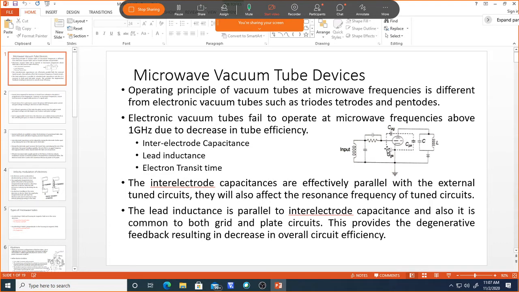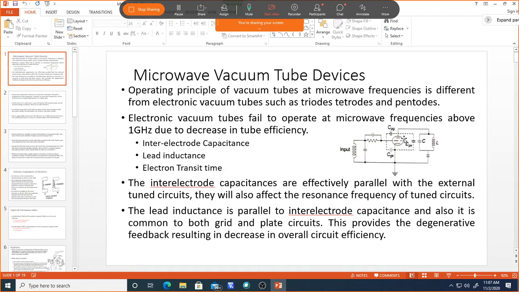We also need to take into account the effect of transit time, which we calculate for electrons traveling from the cathode to the plate. The time taken by the electrons to travel from the cathode to the plate is called the transit time.